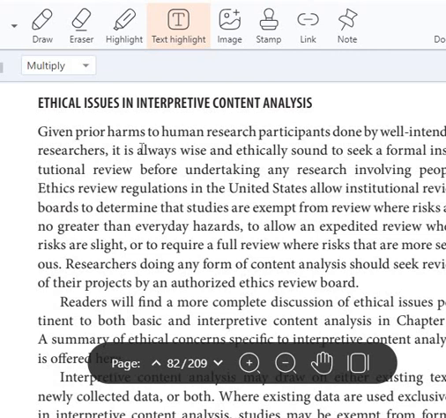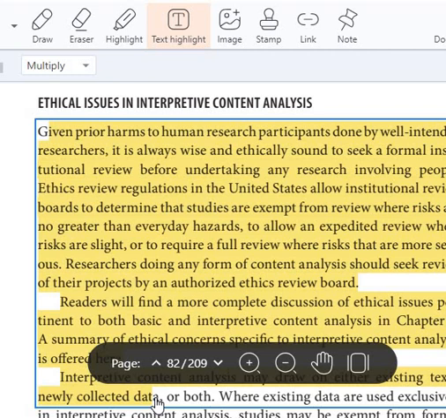Okay. Now, let's read this one. Given prior harms to human research participants done by well-intended researchers, it is always wise and ethically sound to seek a formal institutional review before undertaking any research involving people.